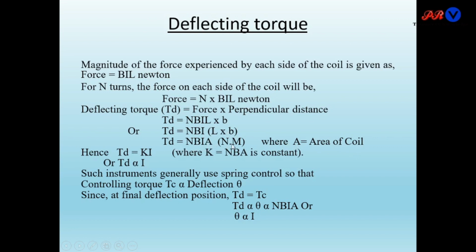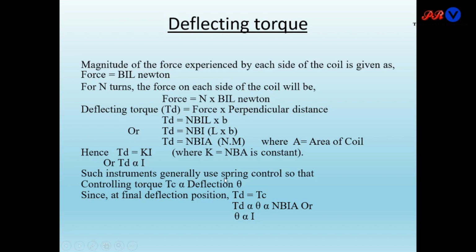Torque is in Newton meter. Hence TD is equal to KI, where K is a constant. N is a constant term here, B is also constant, area is also constant. So deflecting torque is directly proportional to current. So applied current is directly proportional to torque produced in the coil.